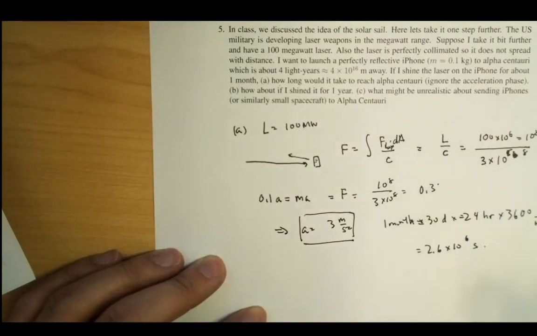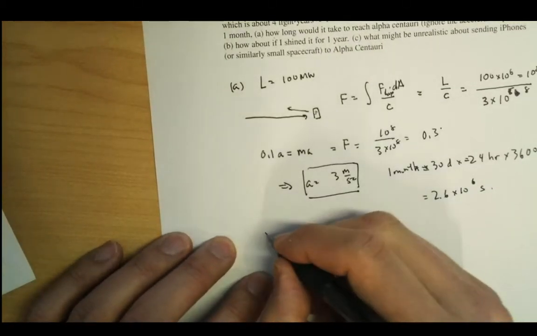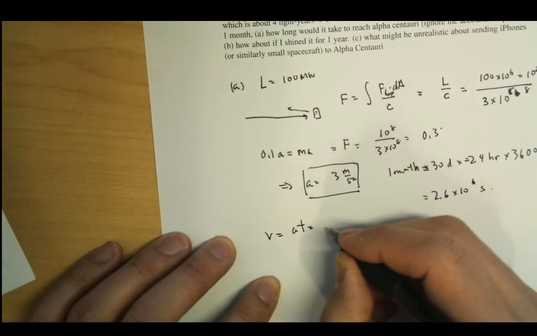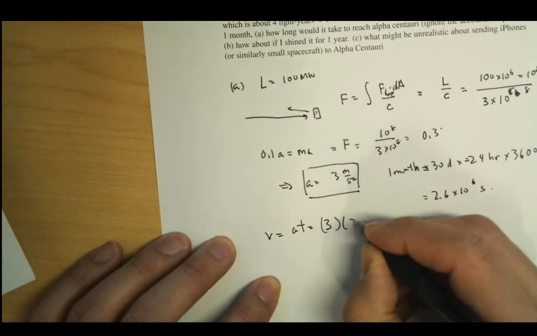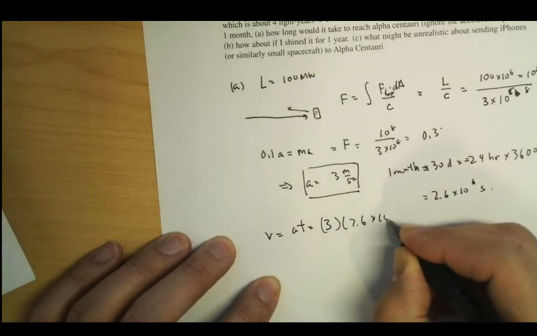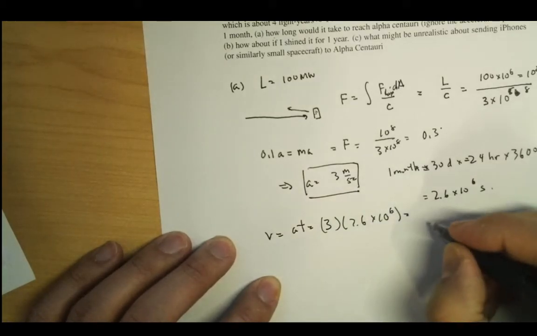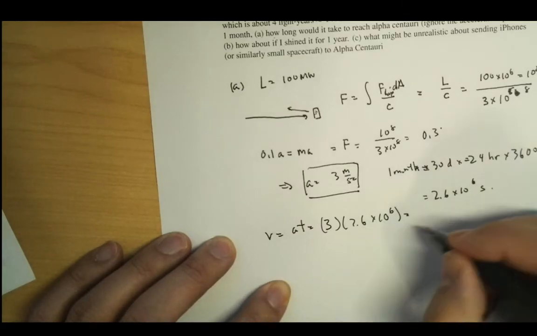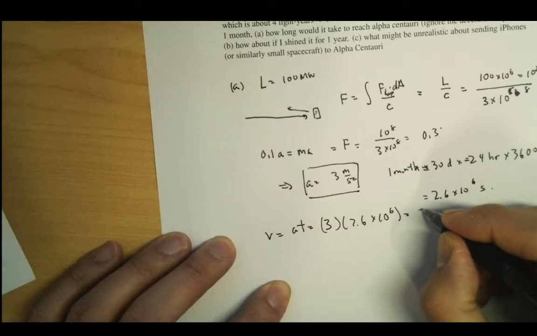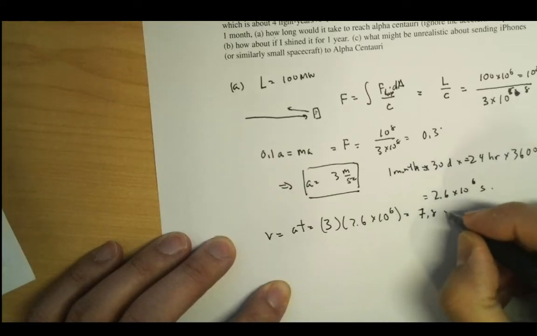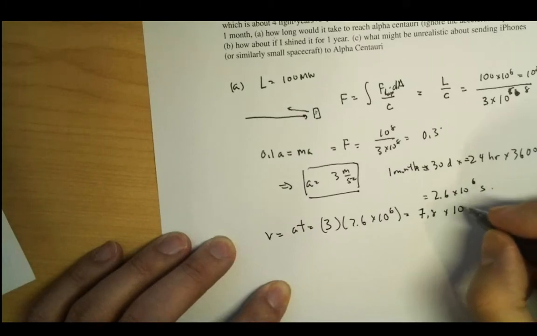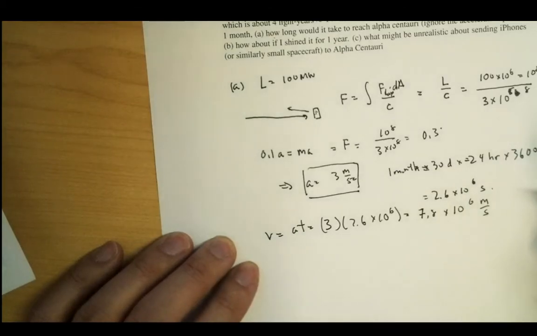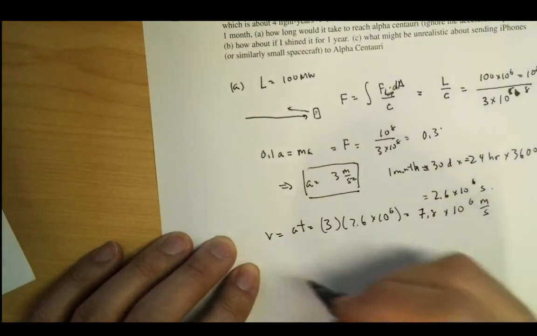So the velocity is just a times t, which is 3 times 2.6 times 10 to the 6. If I compute this correctly, that's about 7.8 times 10 to the 6 meters per second. So how long will it take to reach Alpha Centauri?